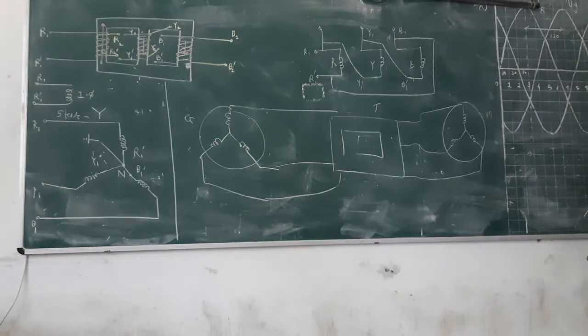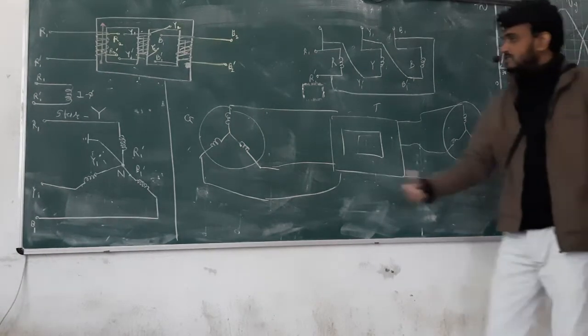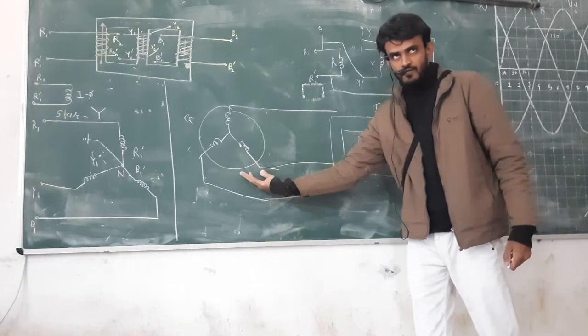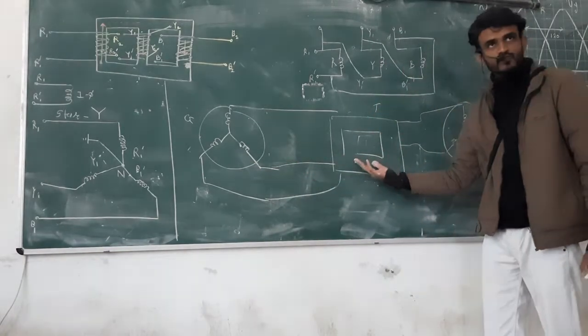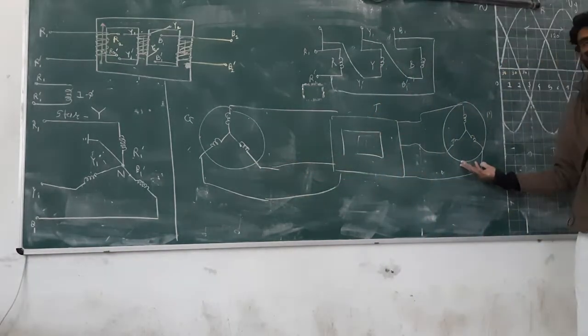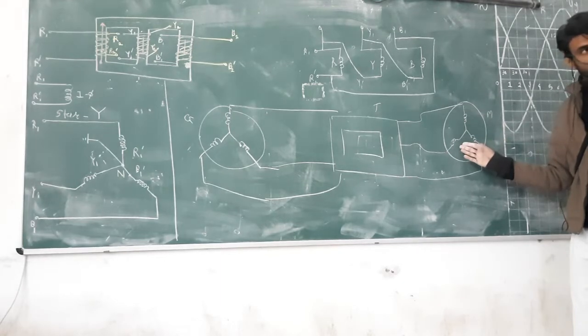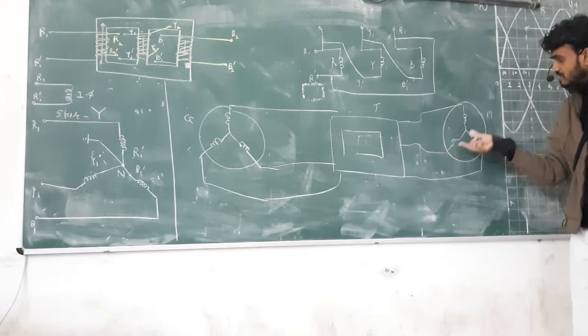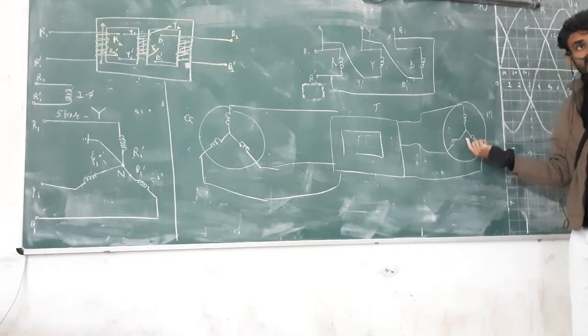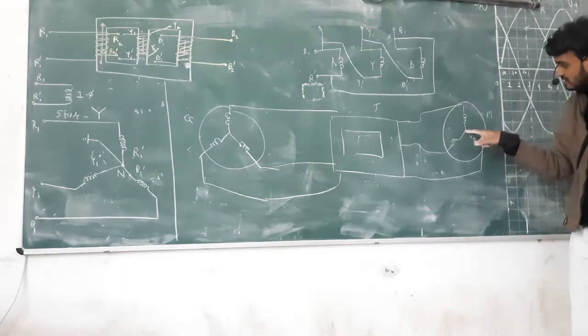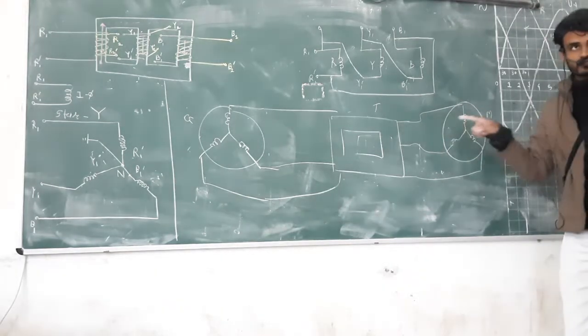Complete picture. Balanced supply, balanced transmission, balanced load. When the load becomes unbalanced, here is more resistance, here is less resistance. Then voltage will be the same across all these coils, but current will flow differently. So at this terminal, extra current wants to come out.